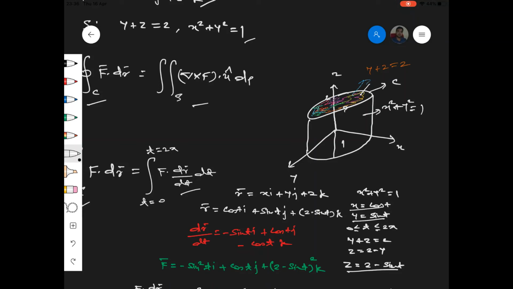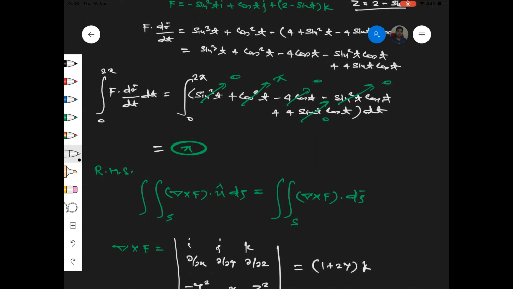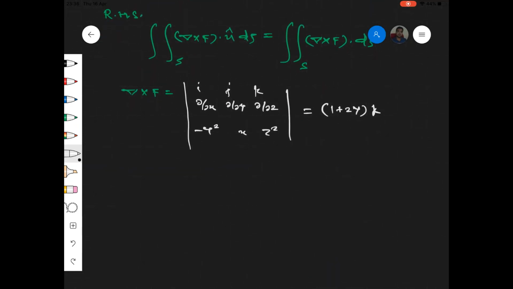So our p is going to be k cap in this particular case. So let's put everything here in the integral.